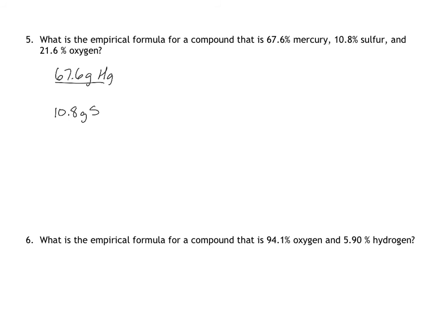I'm going to throw these over 1. I've got 21.6 grams of oxygen. So my percent to mass is done. Now I need mass to moles. So I need to find out how many moles I've got. Grams on the top, grams on the bottom.